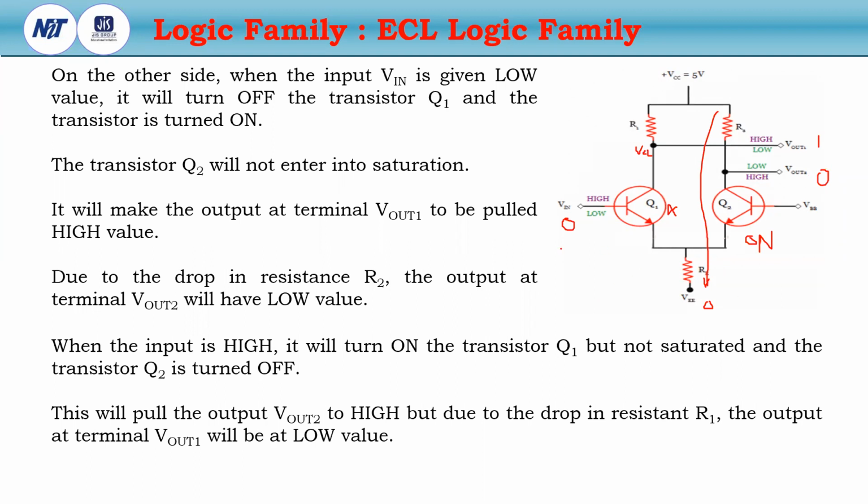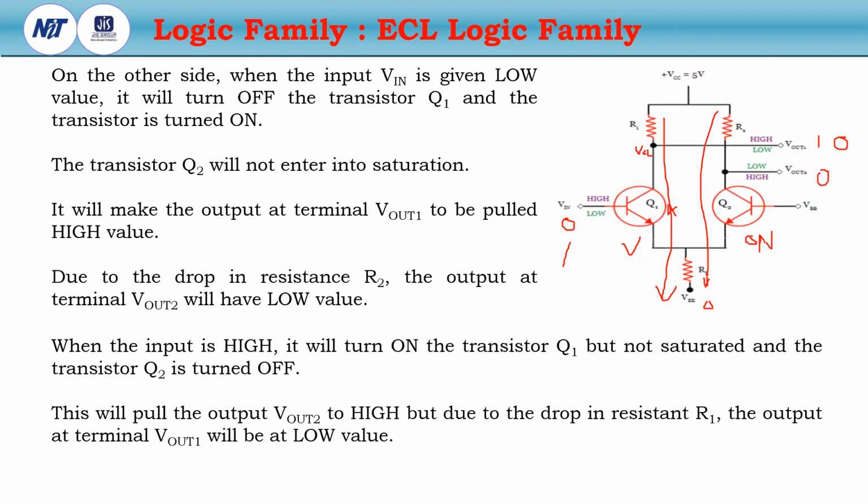So when the input Vin is high, then Q1 will be turned on, so the current will flow like this. So Vout1 will be 0. Then what happens?